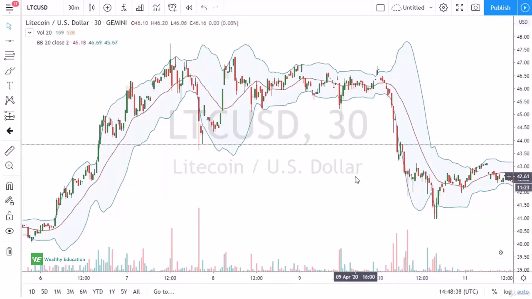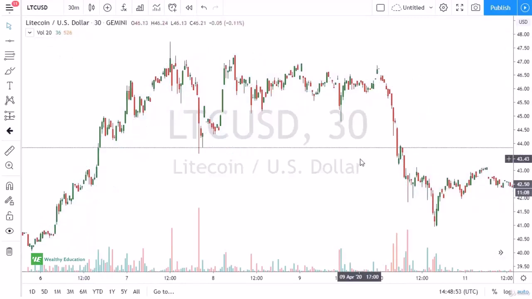So that's a very strong sign to the downside. And you can see that the 20 SMA, simple moving average, was right there. So you know that the 20 exponential is going to be probably just below it. So you were already underneath that to begin with.